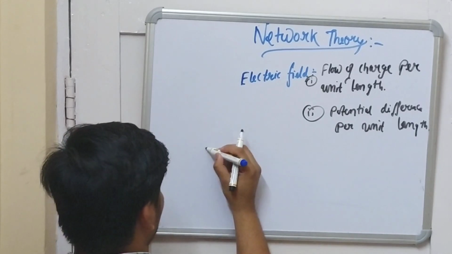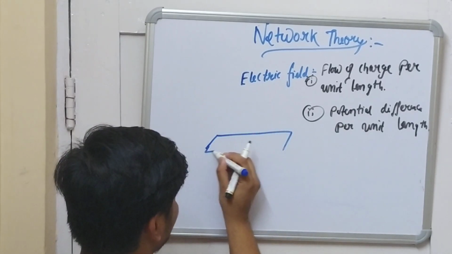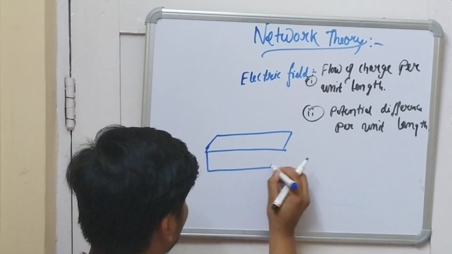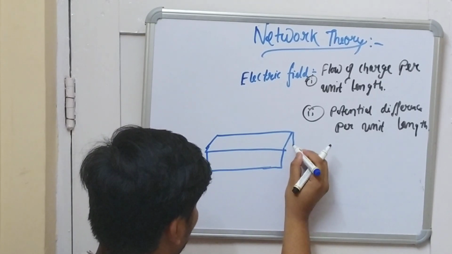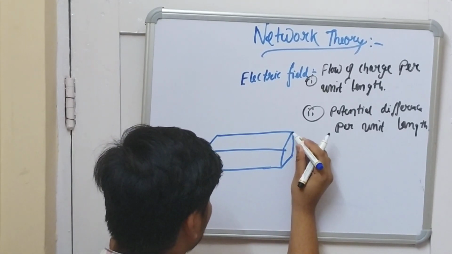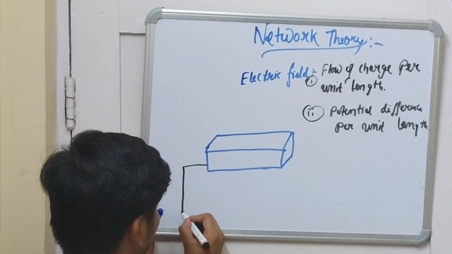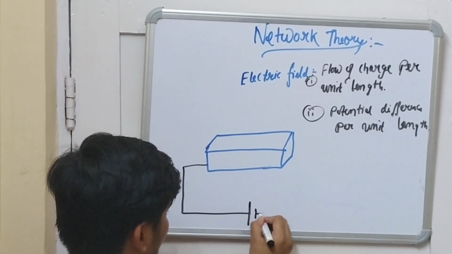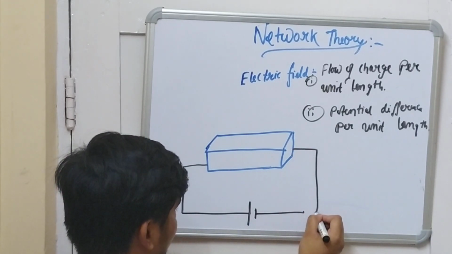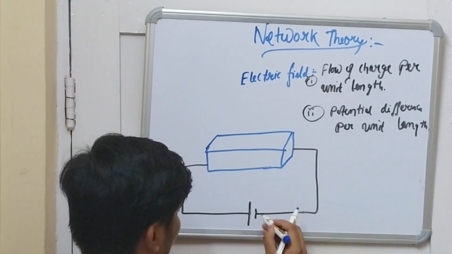Suppose this is the iron rod which we considered, and we apply a battery source. Suppose V volt is something V volt.